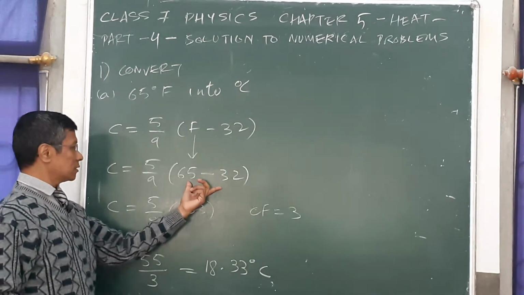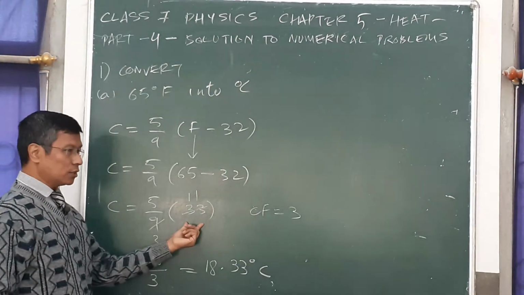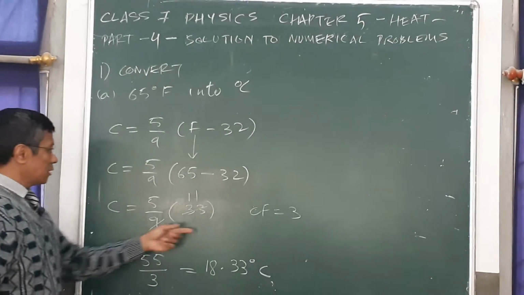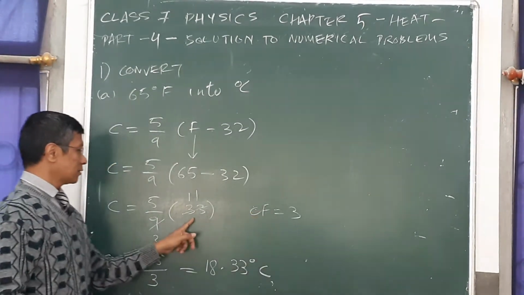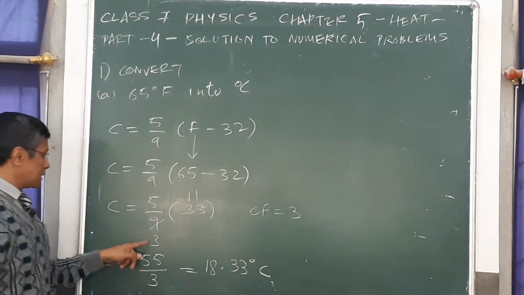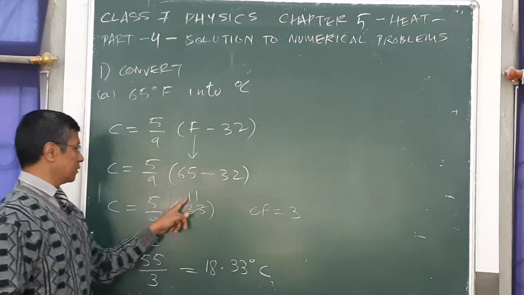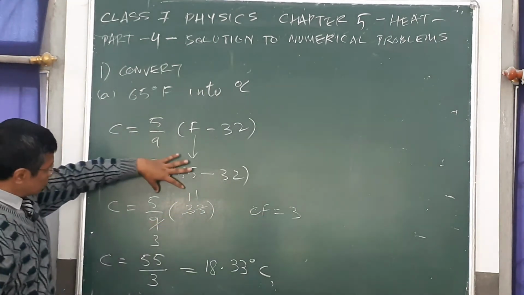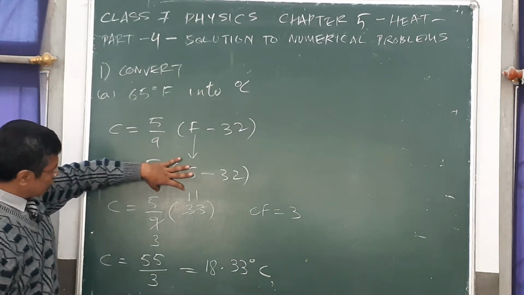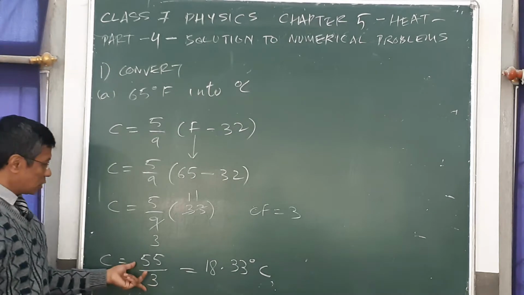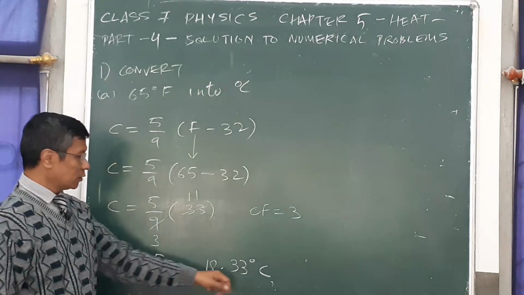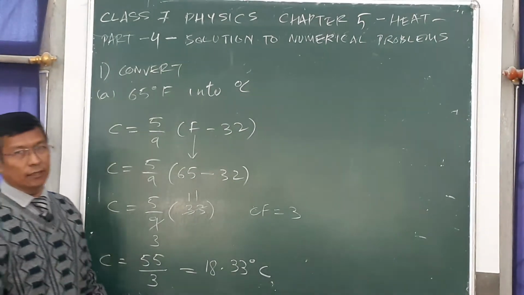We will simplify this. 65 minus 32 will give us 33. Between 33 and 9 we have a common factor of 3, because 3 will divide 9 and 3 will divide 33. So the remaining values 5 and 11, 5 into 11 will give us 55, and the denominator is 3. If you do long division, you will get the value 18.33 in degrees Celsius.